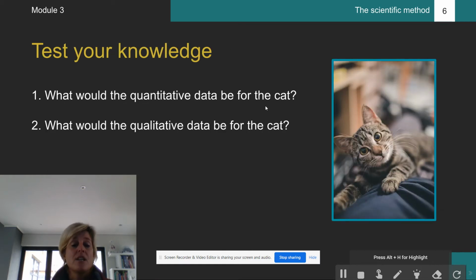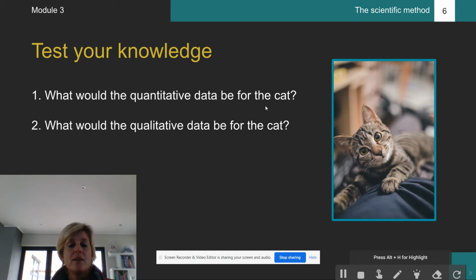Let's apply this knowledge. What would the quantitative data for the cat be? Think about this. Write down at least 2 or 3 characteristics that can be explained as quantitative data.